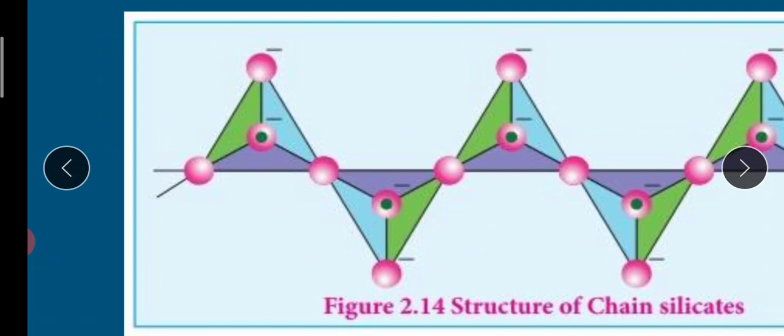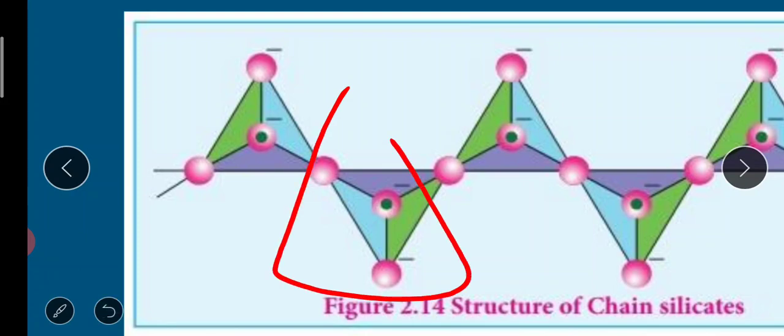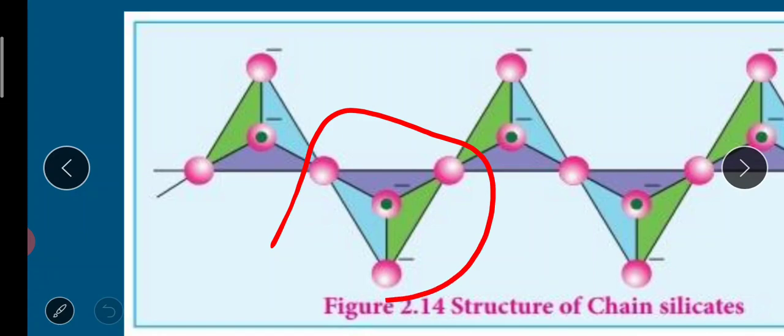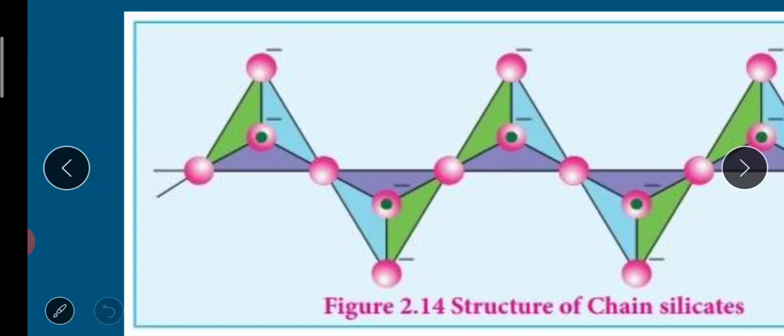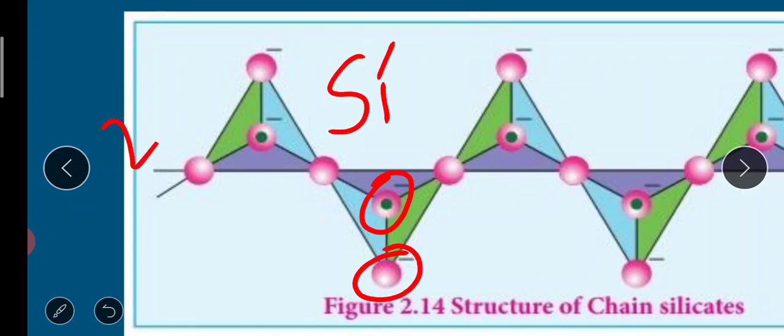Now let's understand with this structure. Take this part alone, and let's identify the formula. The formula here is (SiO3)n. You have one silicon at the center, and you have to calculate the oxygens from the center first. Here one oxygen and here one oxygen, so 2 oxygens we have.